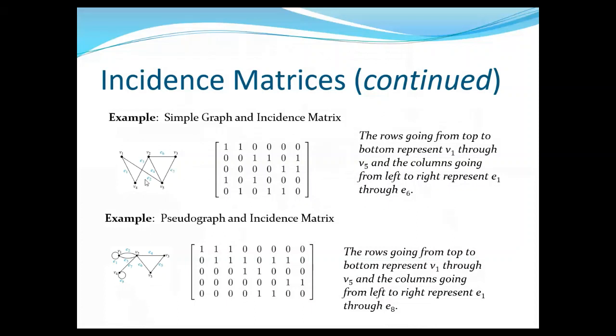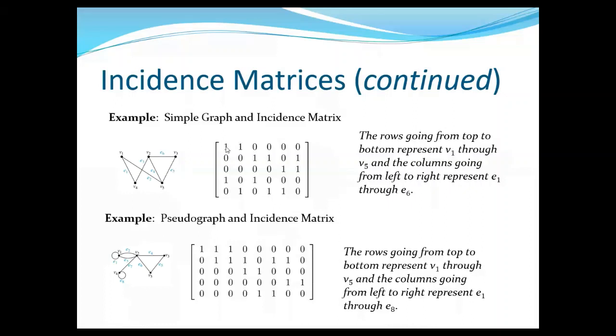Let's check the edges. We label them. This is E1 that connects V1 and V4, V1 and V5 will be E2. The edge between V2 and V4 is E3, V2 and V5 we have E4, V2 and V3 is E6, and V3 and V5 is E5.